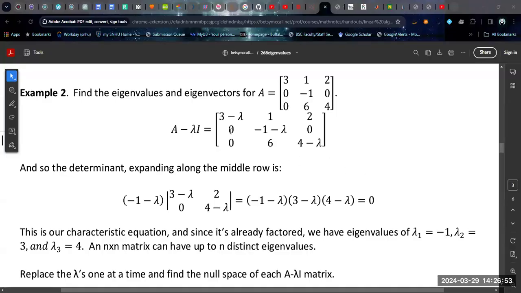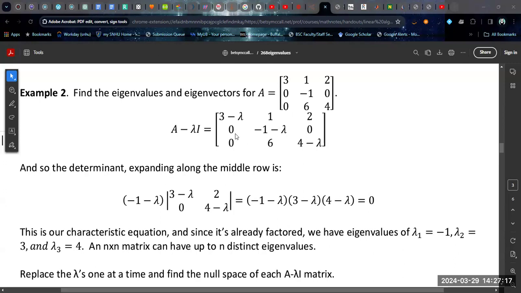All right, so because the middle row of our matrix has 2 zeros in it, I'm choosing to expand upon this middle row position so that we'll have the least amount of algebra to do. Now, in this particular case, remember this is a plus minus position, and then this would be a plus position, and this would be a minus position.